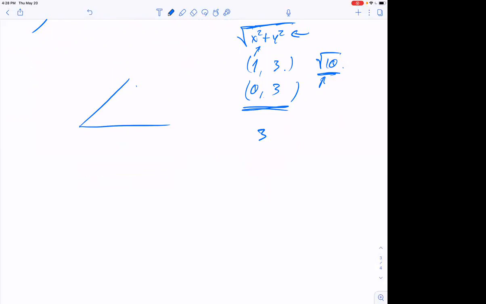So what we do is we take the value of the function at 0, 3, which we know, and then we move along the x direction from 0 to 1. So we take d dx of f at 0, 3, and multiply that by 1, because we're going to move from 0 to 1 in the x direction.